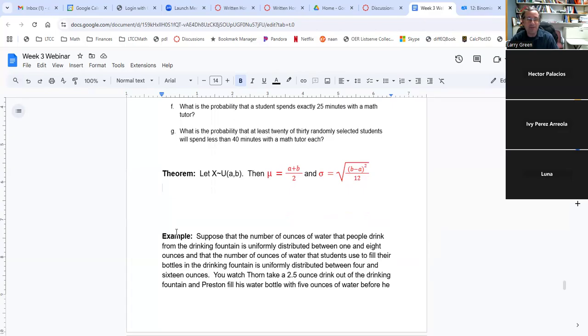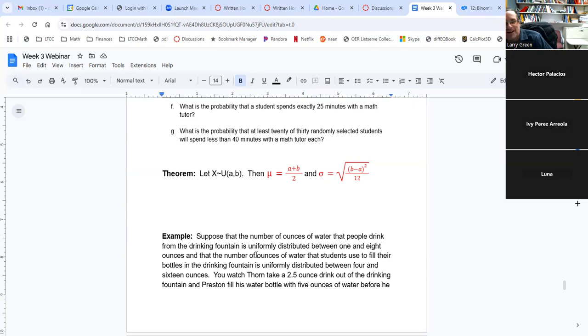All right, so here's an example. Suppose that the number of ounces of water that people drink from a drinking fountain is uniformly distributed between 1 and 8 ounces.